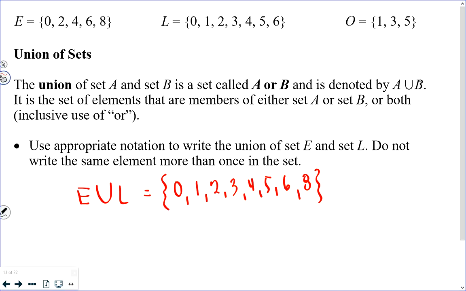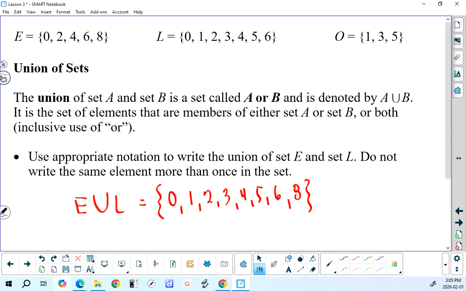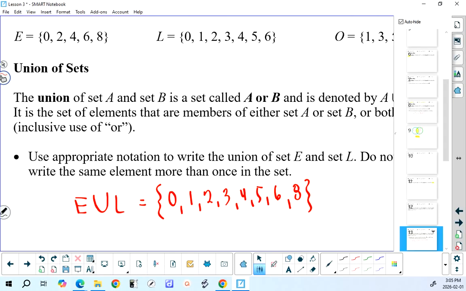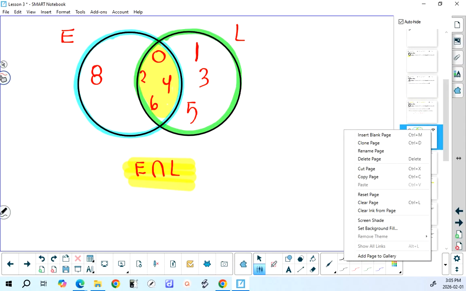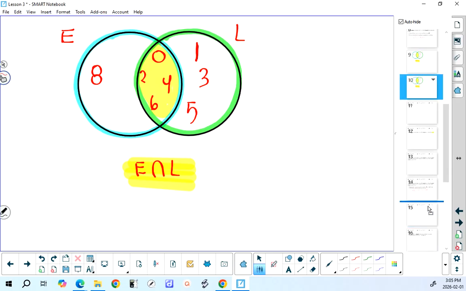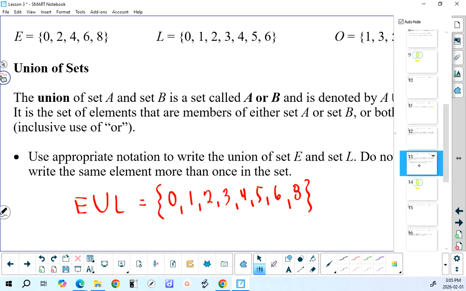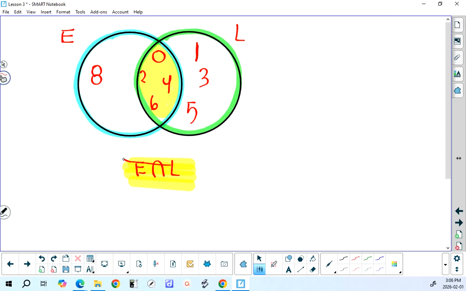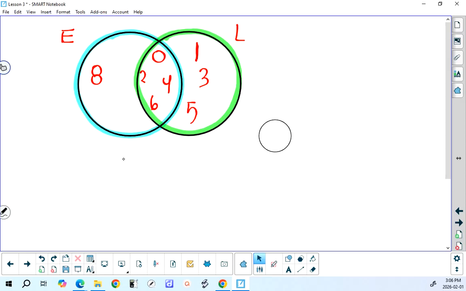Now, if I go back to my diagram, this what we call a Venn diagram, and I just adjust it slightly, let me get back to where I want to be. We're talking now about the union of these sets, and that means this is not what we're interested in. This is not what we're interested in, but it's still the same two sets.